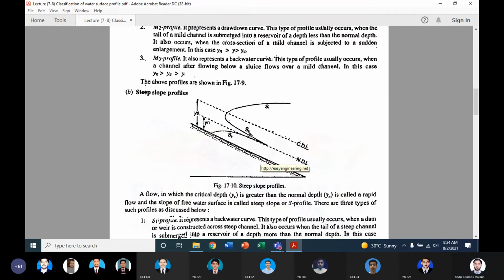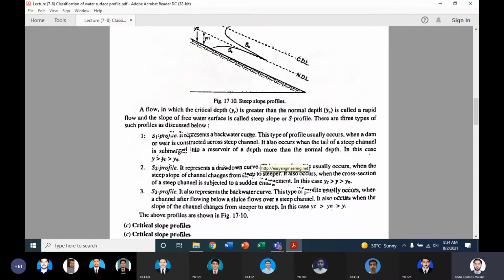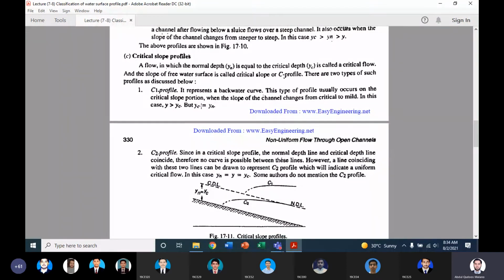Yes, sir. ठीक है, now let us look at the figure of this critical slope, because a flow in which the normal depth is equal to the critical depth is called a critical flow. ठीक है, and then the slope of such a water surface is called the critical slope or C profile.